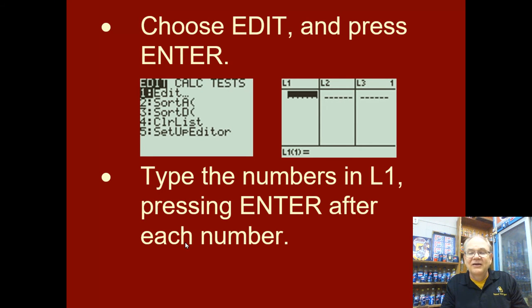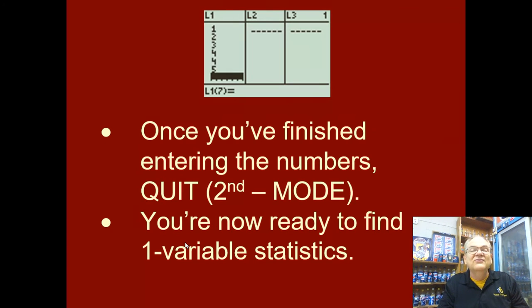Now, I'm going to have a handout that explains everything, and it also talks about what to do when things go wrong, like if you look at your list and L1 isn't there. And then what you want to do is the choice that says set up editor to get things back to normal. But what you're going to do is type all your numbers in list number 1.